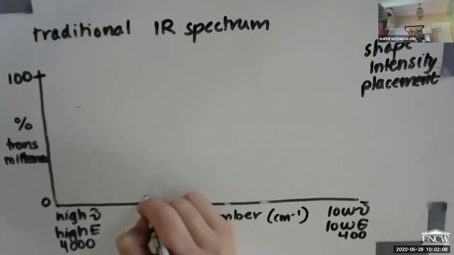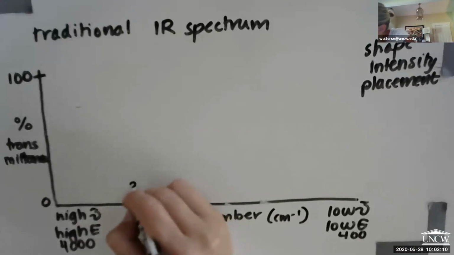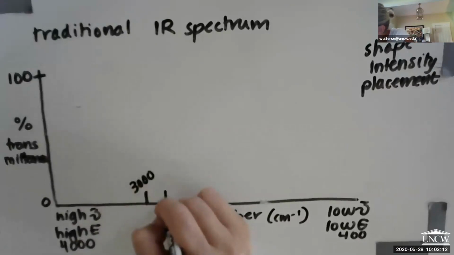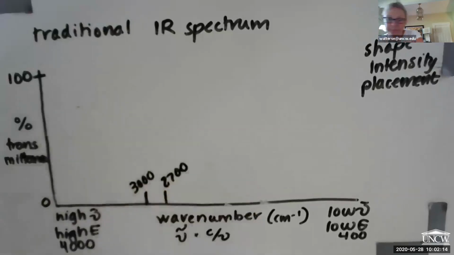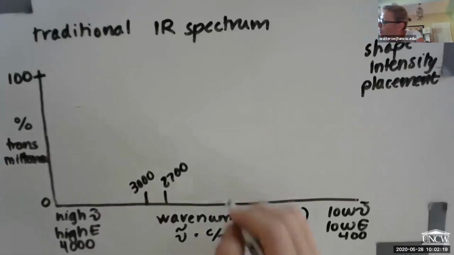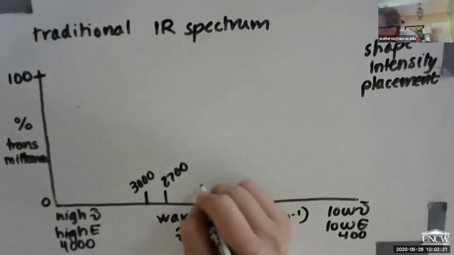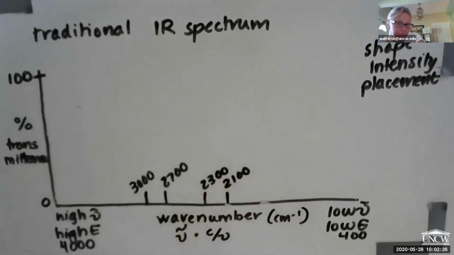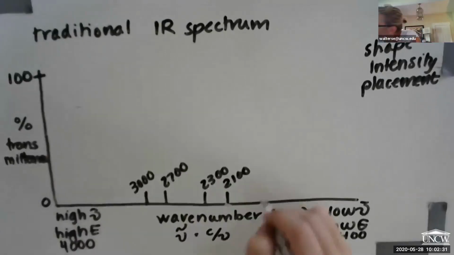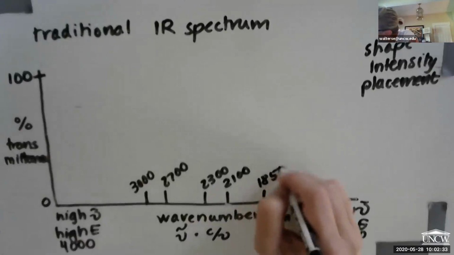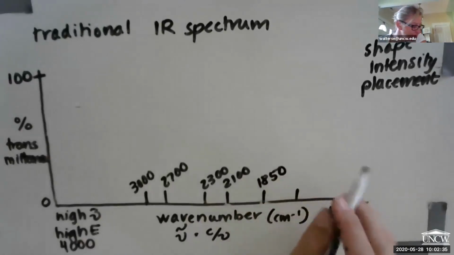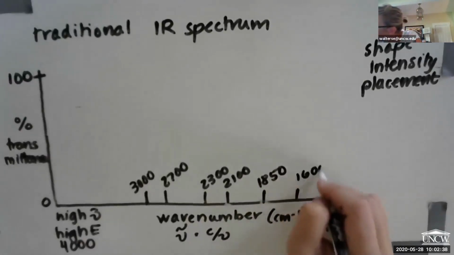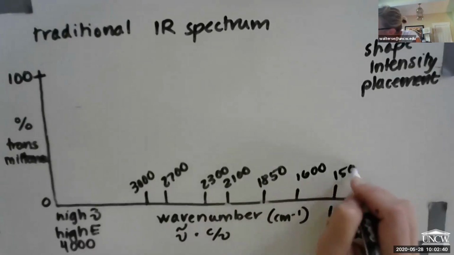So I want you to come here and write 3,000. Here, 2,700. Okay. These aren't going to be to scale, but it doesn't matter. 2,300, 2,100. 1,850, 1,600, and then 1,500.